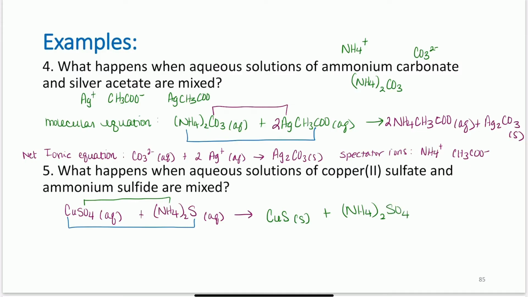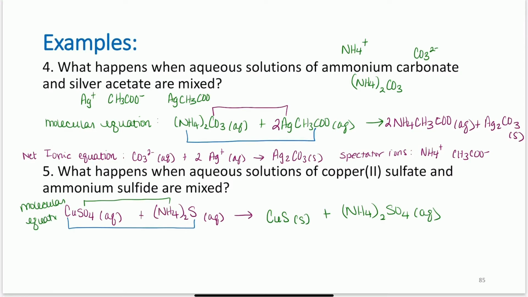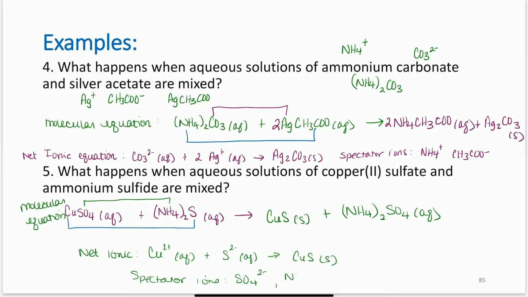Ammonium sulfate is soluble. So again, this is my molecular equation. My net ionic would be my copper 2 plus ion plus my sulfide ion, giving me copper 2 sulfide, which is solid. My spectators are my sulfate and ammonium.